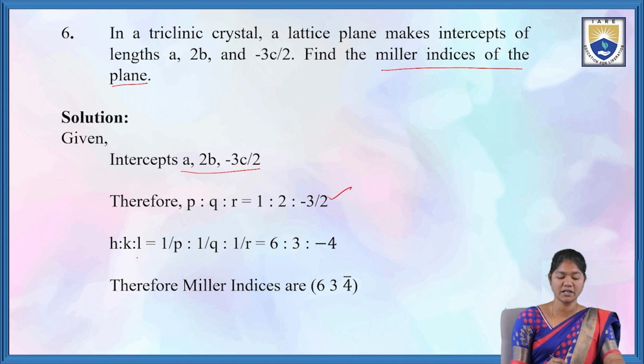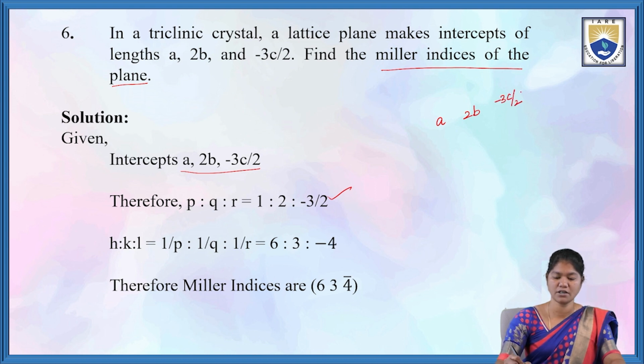Then h is to k is to l is equal to 1 by p is to 1 by q is to 1 by r, when taking the reciprocals. First we write the intercepts on the three axes, so minus 3c by 2.